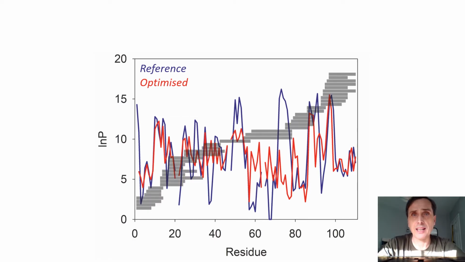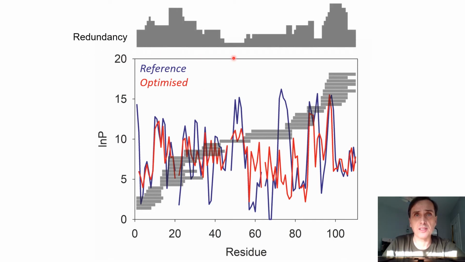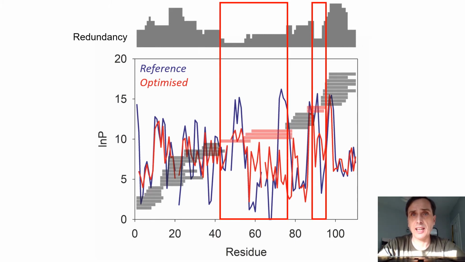If we overlay the experimental peptide map on top of these data, and also look at the redundancy, this can be quite informative. In this case, obviously in these regions here, there are too few peptides to constrain the data properly, and you shouldn't really expect good optimization outcomes for these regions.